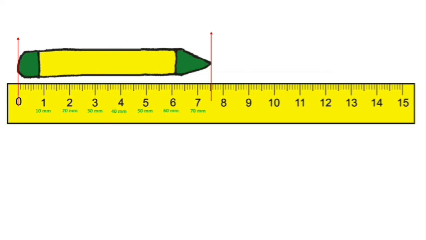Children, this crayon is a little bit longer than 70 millimeters. So, let us count how much more this crayon is. So, 71, 72, 73, 74 and 75. So, the length of this crayon is 75 millimeters.